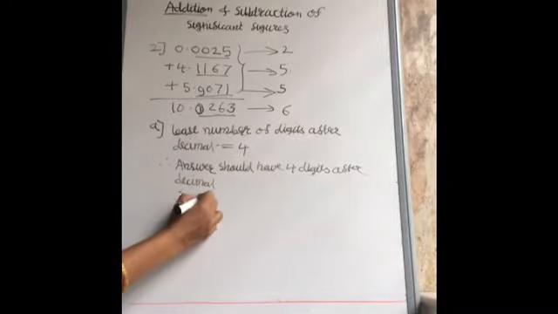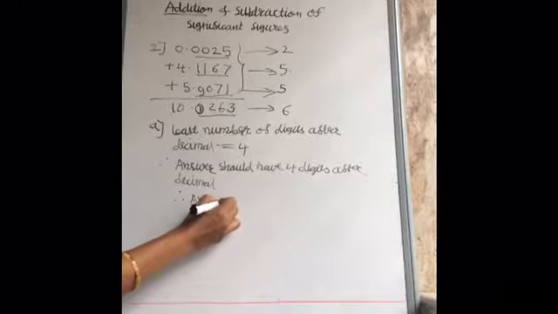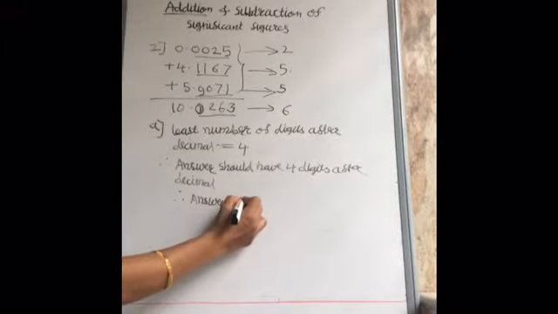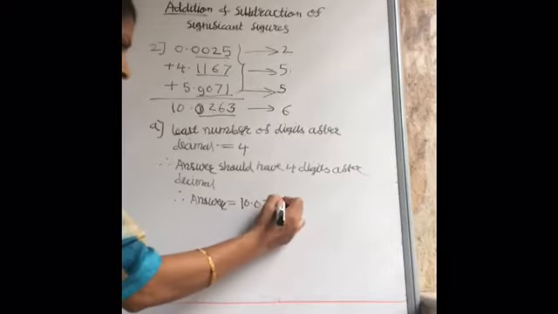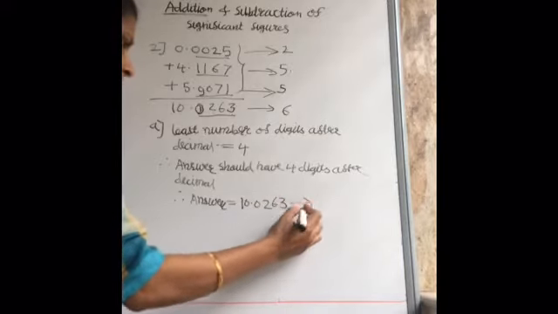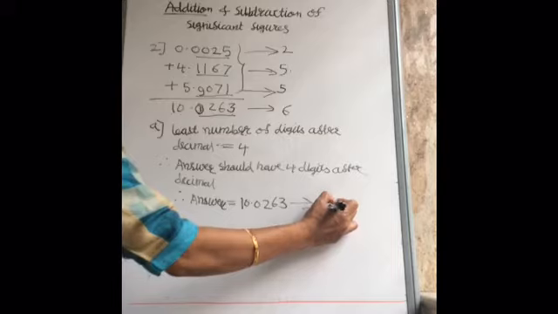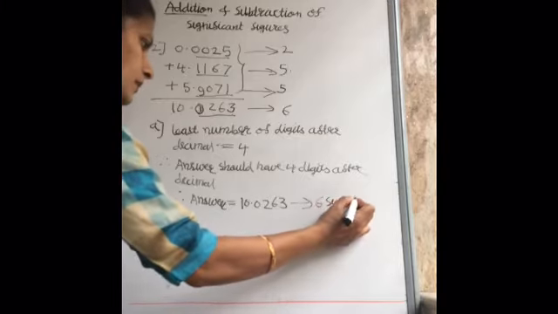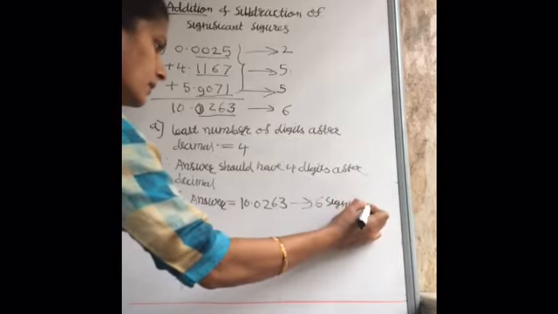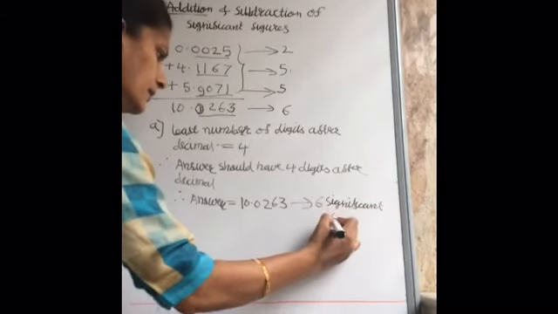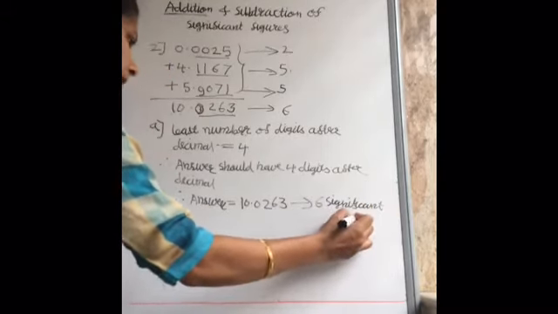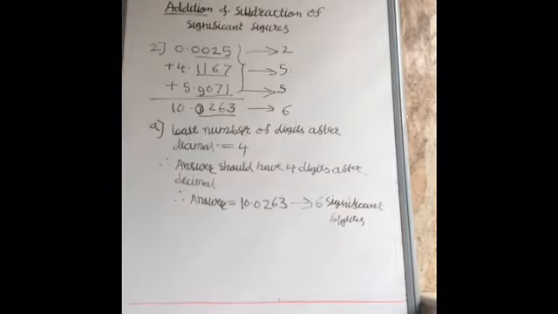Therefore the answer is 10.0263, having 6 significant figures. Now we make the next example.